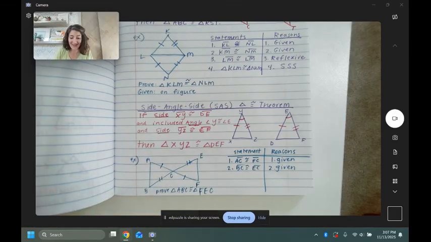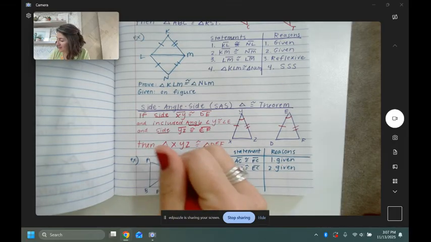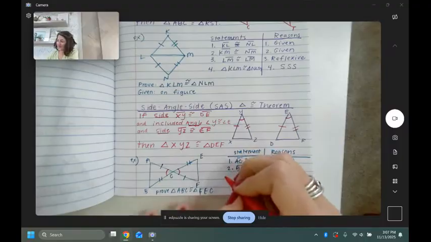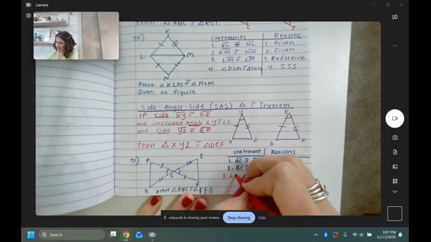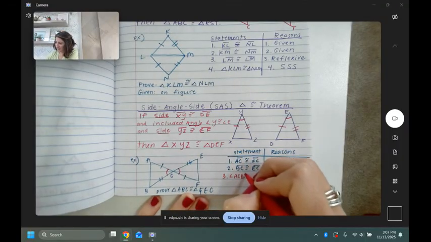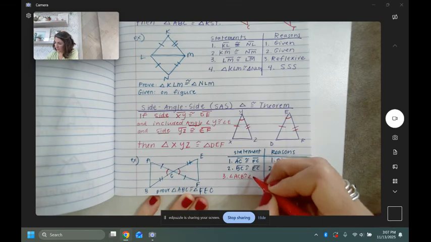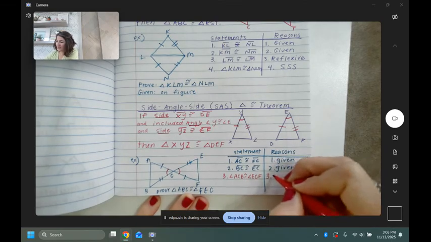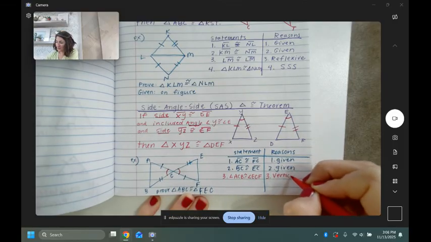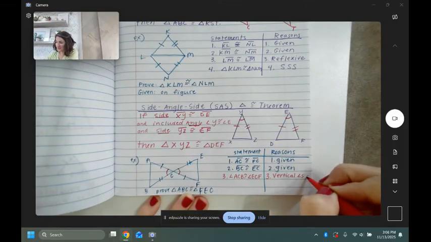Yes, I can, using what type of angle pair is this? Angle ACB is congruent to angle ECF because they are vertical angles.